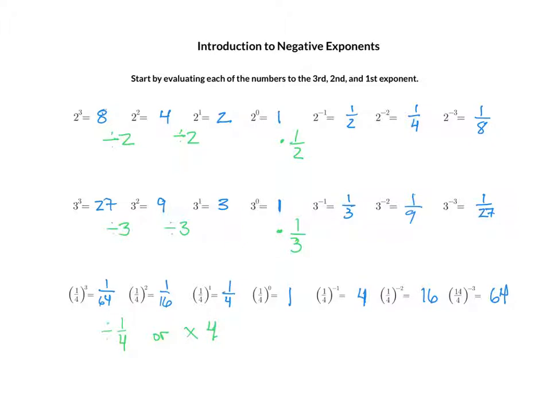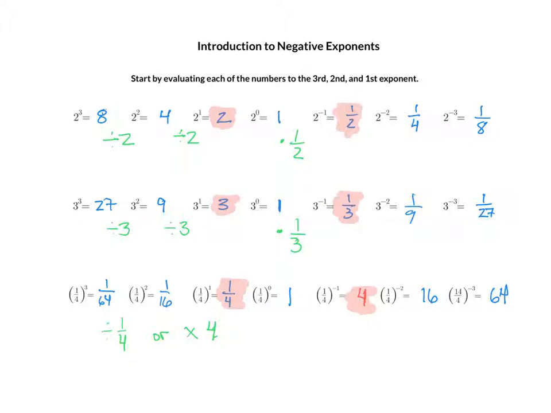One of the first things that I want to point out, we want to look for some patterns that exist here, is notice that 2 to the first and 2 to the negative 1 are reciprocals. Same thing with 3 and 1/3. They are reciprocals. 1/4 and 4 are reciprocals. And so we see that throughout the table.